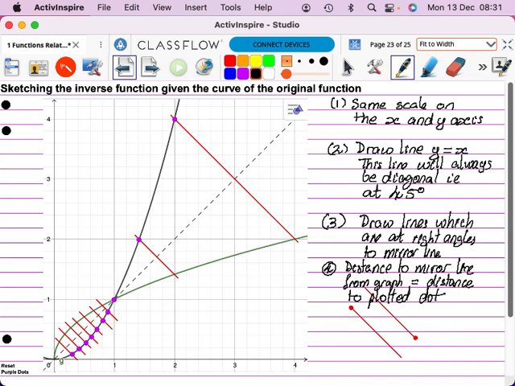When you have a sufficient number of plotted dots, then you can join the purple dots up in order to get the reflection, the black reflection line.